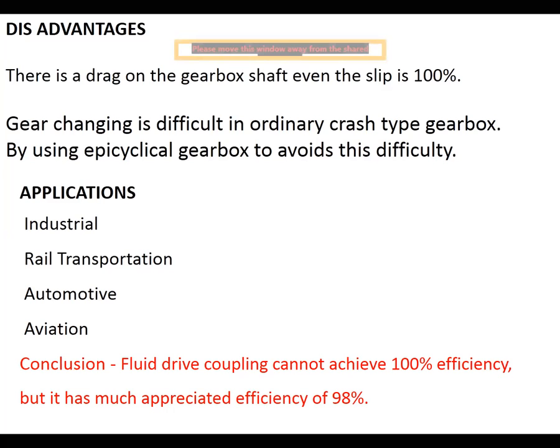Whenever the engine gets started, the impeller, the pump, starts with respect to engine speed. Then the fluid gets centrifugal force inside the impeller. It will pass through the impeller and strike the turbine blades.